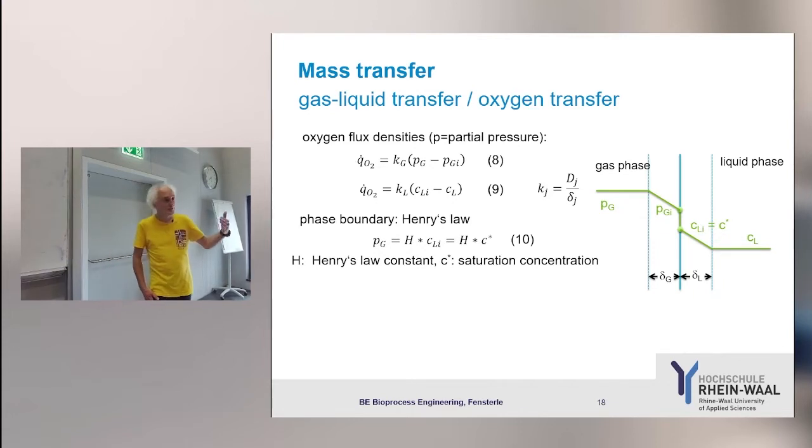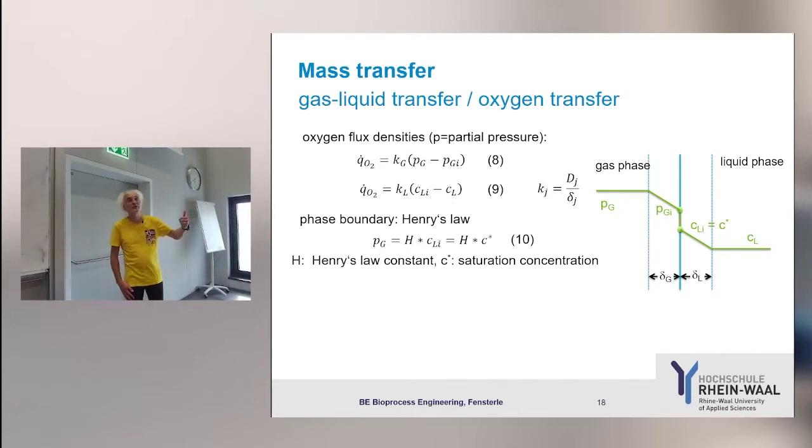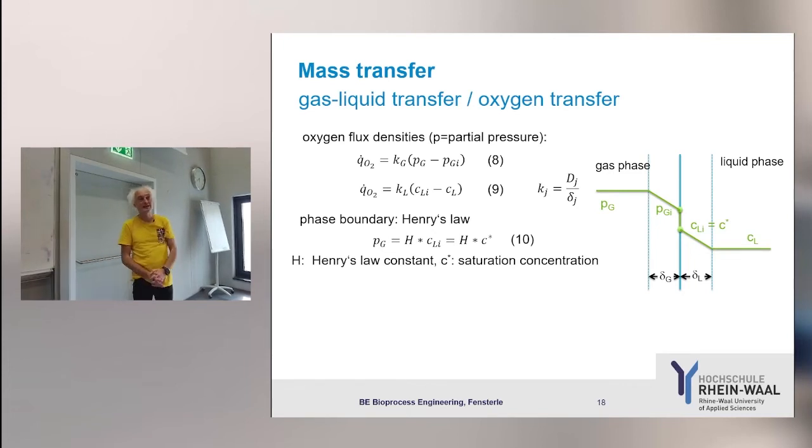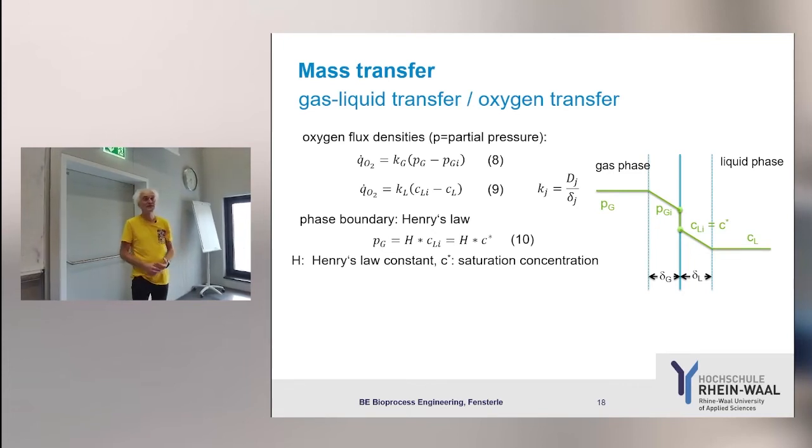This Henry's constant is a function of temperature, a function of the liquid, and a function of the element you're looking at. Henry's constant will be different for nitrogen and so on. So of course it's a constant, but a constant for oxygen transfer from gas to liquid if the liquid phase is water. But you have, of course, liquids where the solubility is different.